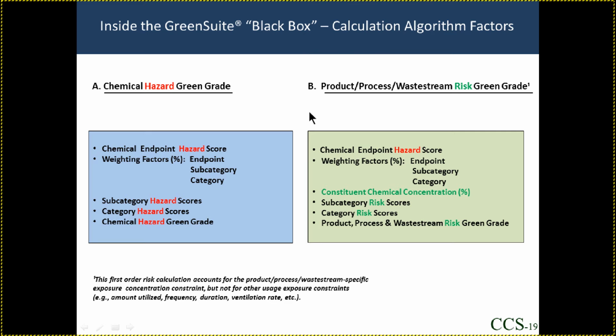On the next chart, we have the algorithms for the hazard side on the left for chemicals, and the risk side on the right. They are the same, except that we incorporate, as you can see in green on the right box, the constituent chemical concentration in a mixture, and that is used then as a dilution factor to do a first order risk assessment in our 4 central Green Suite modules.